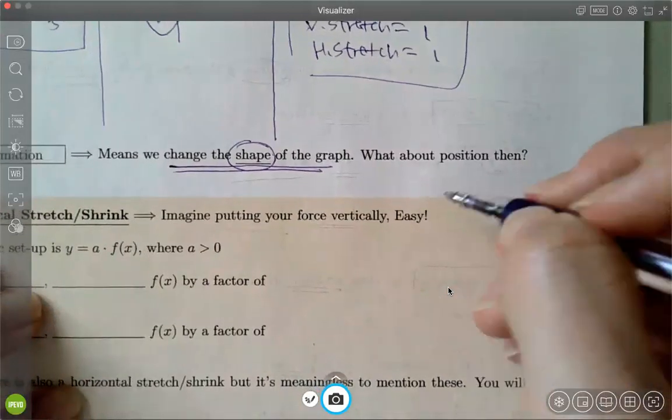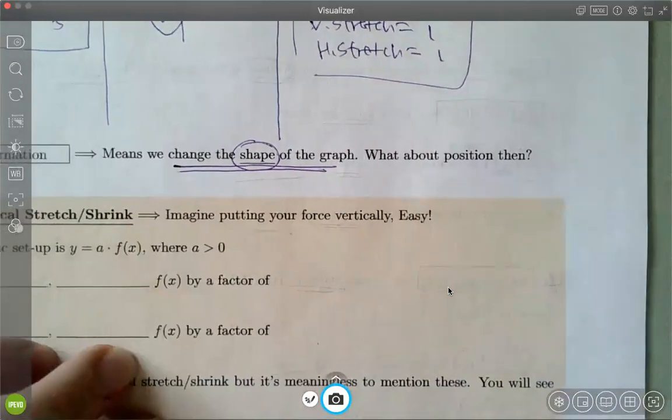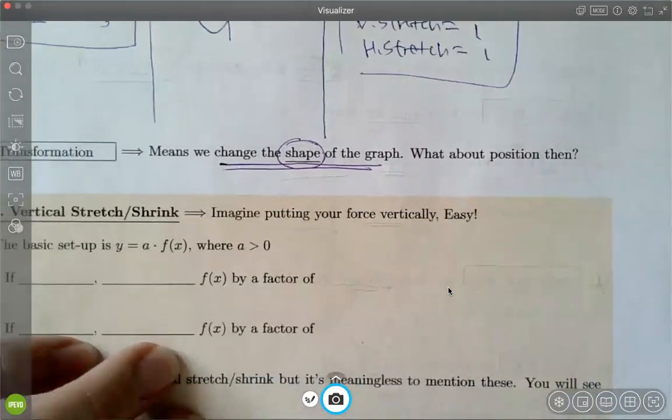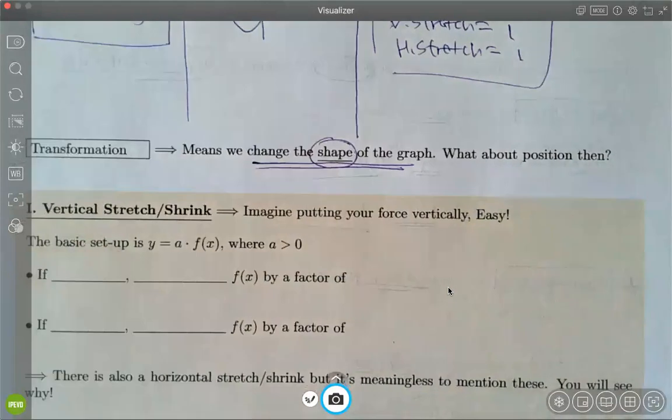One example of transformation is vertical stretch and shrink, which we will cover in a minute. What does that mean? Stretch means this, vertical stretch. And what about shrink? It's compress.